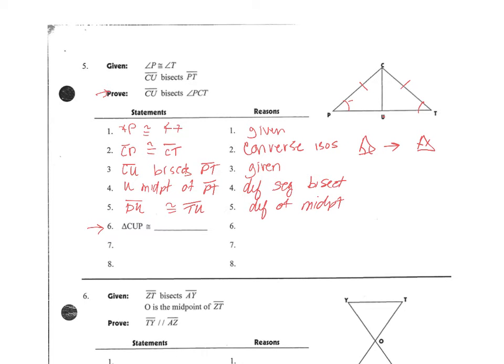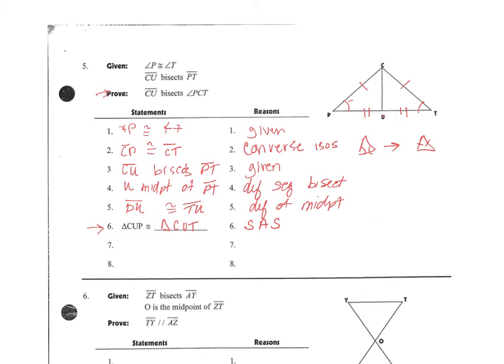And once we have that, now we have enough to be able to say that triangle CUP is congruent to triangle CUT, and that is by side, angle, side.